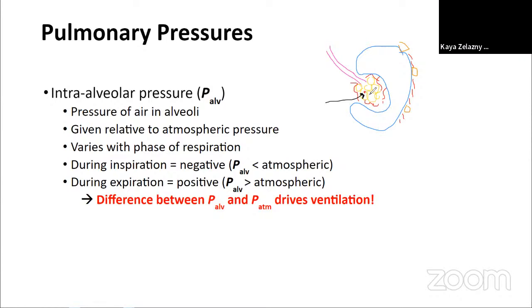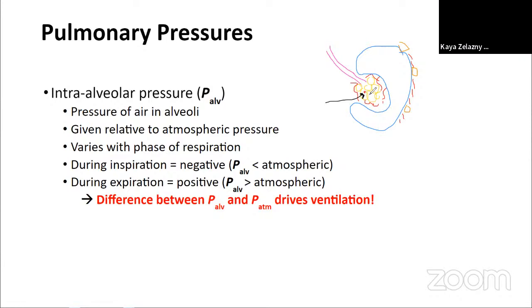Because we're giving intraalveolar pressure relative to atmospheric pressure, it's going to be relatively simple to immediately see the pressure gradient between the environment and the lungs, because a negative pressure is going to tell us that the pressure in the lung is lower than the pressure in the environment. So negative intraalveolar pressure means the air is going to come towards it to fill up the lung.